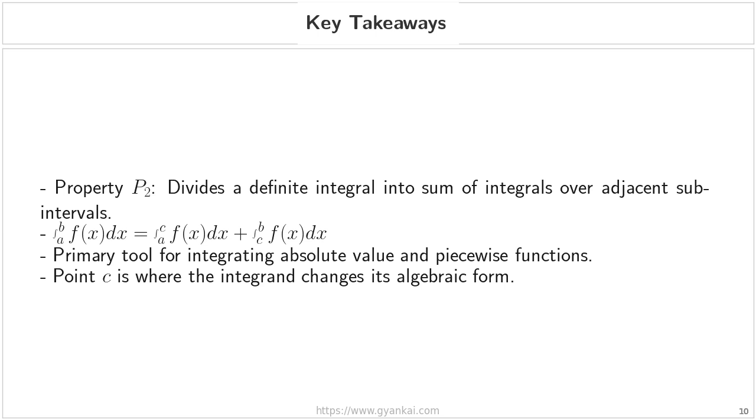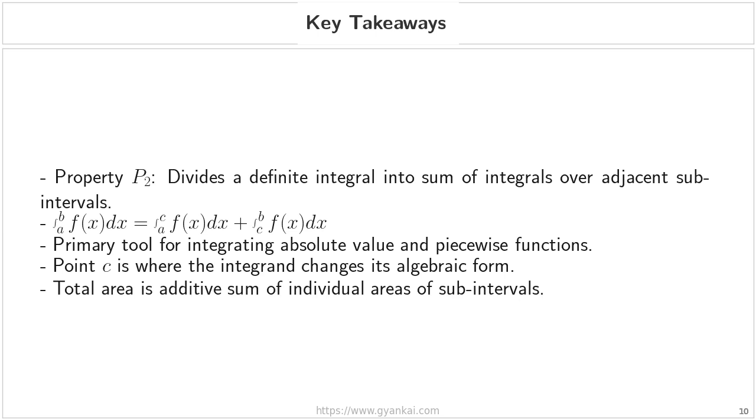Speaking of changes, that brings us to the next point. The value c, the point where we split the integral, is crucially the point where the integrand, that's the function inside the integral, f of x, changes its algebraic form. In the absolute value example, that was where the expression inside the absolute value became 0, causing the function to switch from positive to negative.